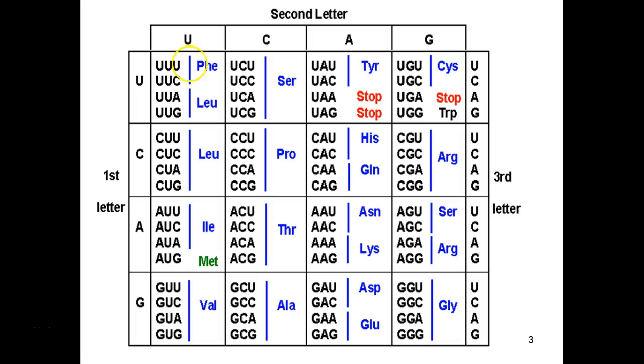And as I said, we know the code. The code is written out in this diagram. Three of the codes tell the ribosome to stop. Apparently it needs a stop sign.